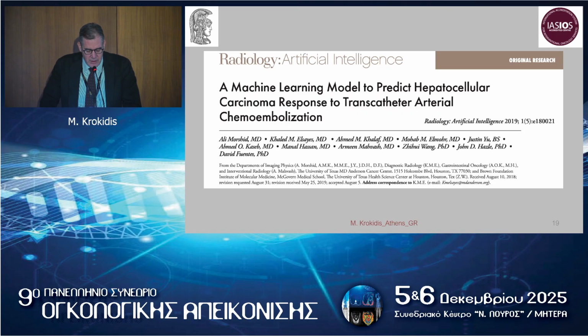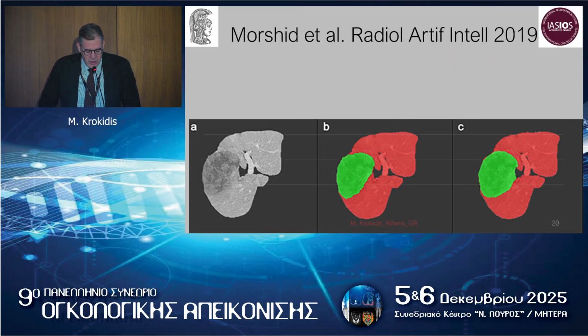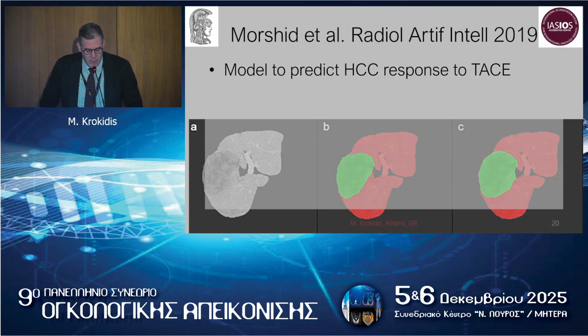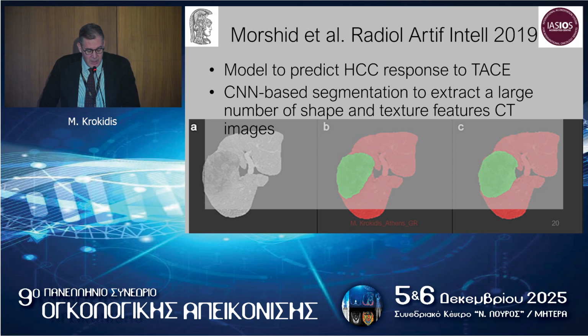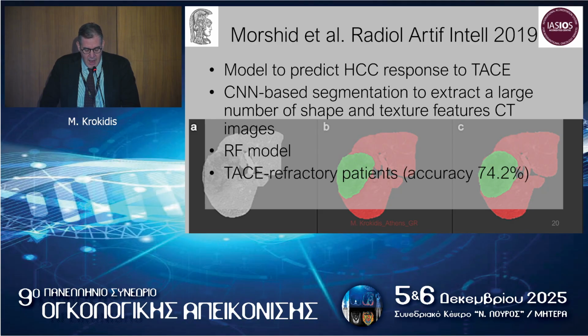Or this, with transarterial embolization, we see more information in a model based on convolutional neural network segmentation, so semi-automatic segmentation with an RF model, that could potentially predict which patients would be refractory to TACE with a relatively high accuracy.